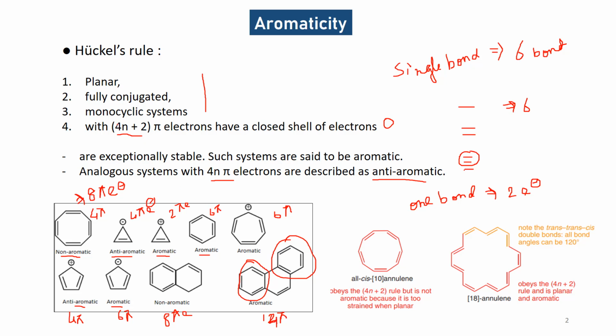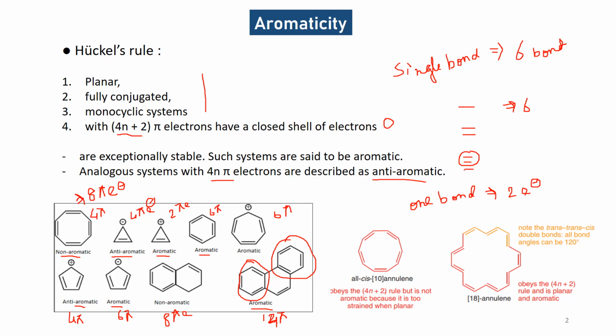If n equal to 3, 4 times 3 is 12, plus 2, 14. So this is aromatic. Okay. So just by counting the number of pi electrons, we can select which is aromatic and which is not aromatic.